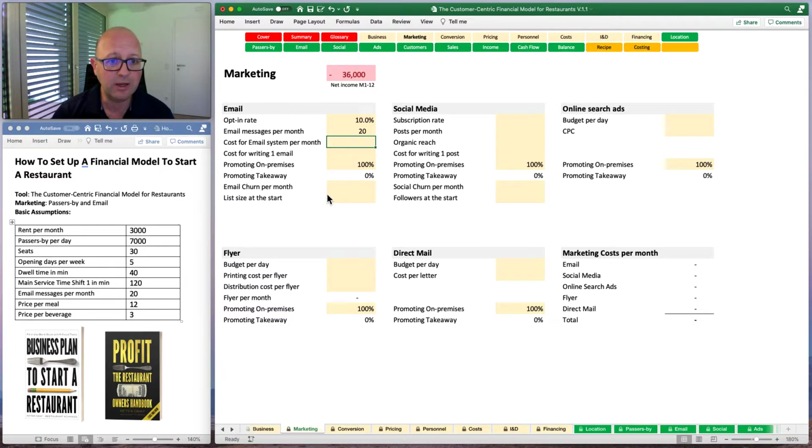Then cost for email system per month. If you intend to do email marketing, it's very recommendable that you use a professional email system. This doesn't mean that it has to cost a lot of money, but you probably will have to pay some little fee. Some providers, I think it's MailChimp, also provide free accounts for, I think, up to 2,000 participants on the email list.